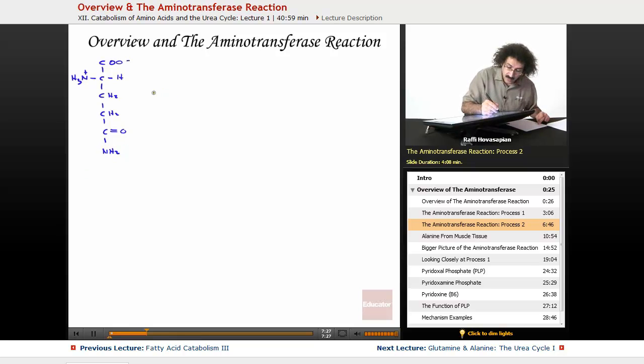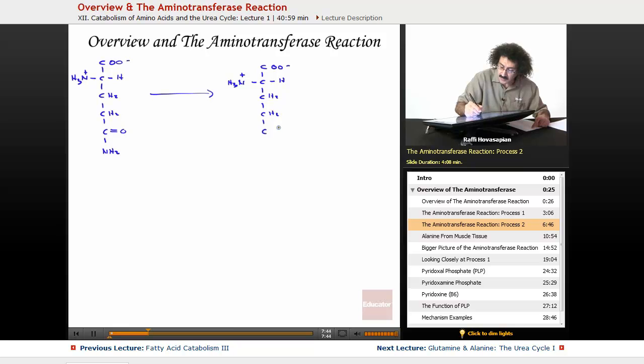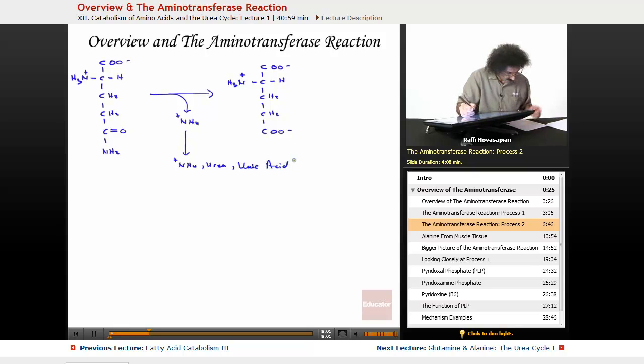So this goes to our C, C, C, C, C, O minus. This is H. This is NH3 plus. CH2, CH2. This is there. And of course, NH4 plus, which goes on to release either the NH4 plus, the urea, or the uric acid.